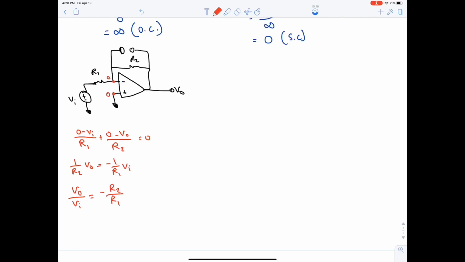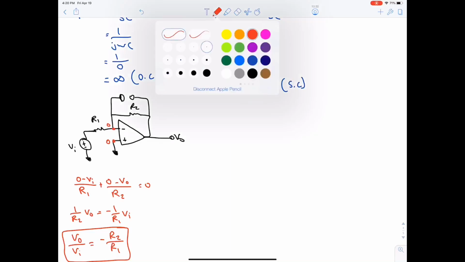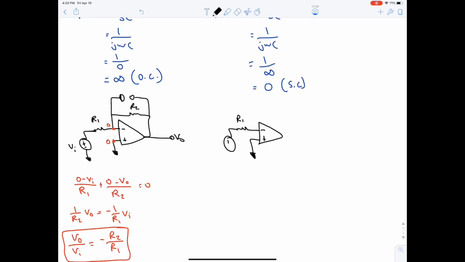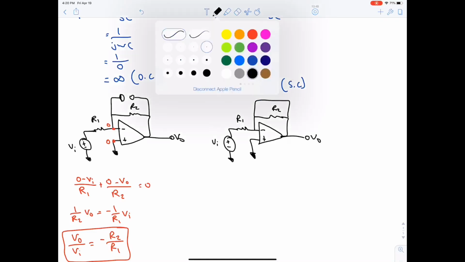Now notice that the gain is always equal to the feedback resistance divided by the input resistance. Let's do the same here. Grounded. Here R1 with the voltage source V input, and R2 with V output, and the capacitor is short circuited.